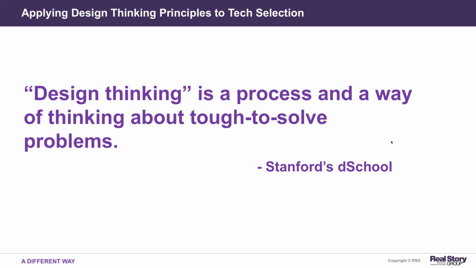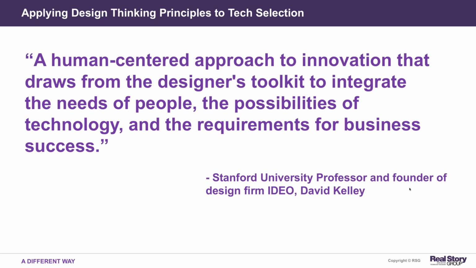This isn't a new concept. It's been around for years and years and years, but Stanford has done the most work on this, and they define it as a process and a way of thinking about tough to solve problems. They go further to say it's a human-centered approach to innovation that draws from the designer's toolkit to integrate the needs of people, the possibilities of technology, and the requirements for business success.